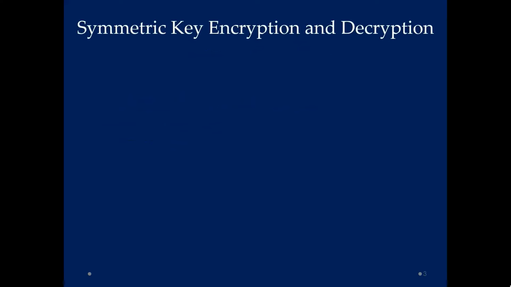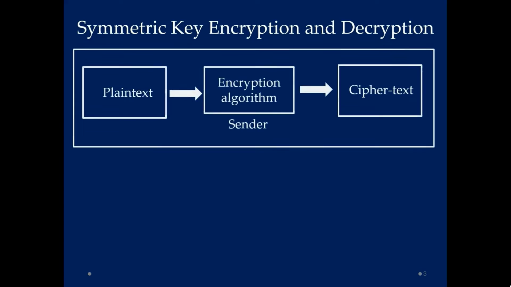Any encryption is basically used to convert a plain text into ciphertext. Now, what is plain text? It is a meaningful secret message which the sender wants to keep secret. He does not want to reveal it to the world. He wants to just send it to a particular receiver. So he uses an encryption algorithm, some mathematical concept he applies on the plain text and converts the plain text into ciphertext.